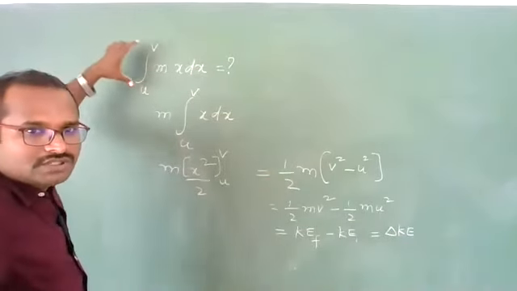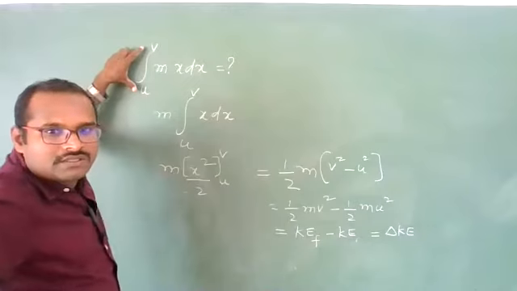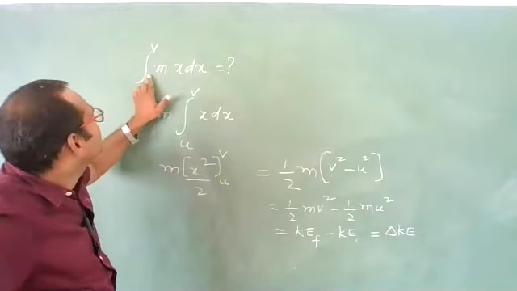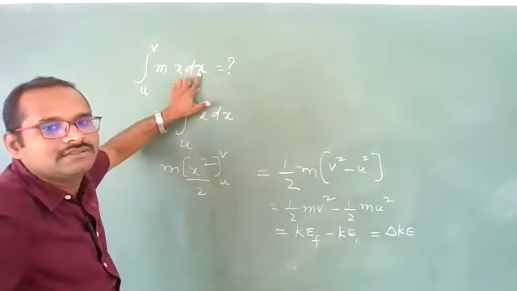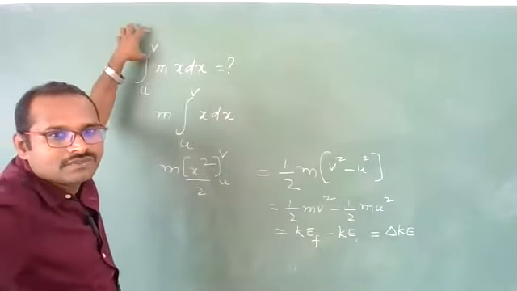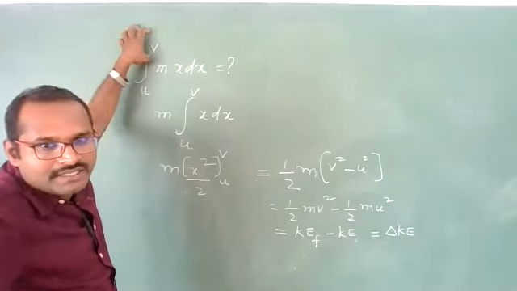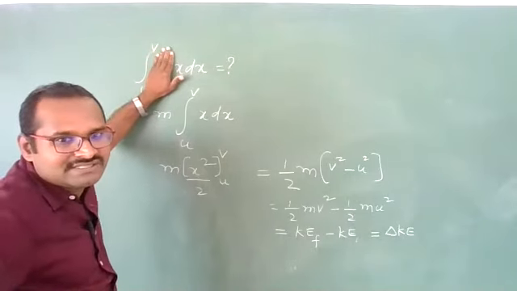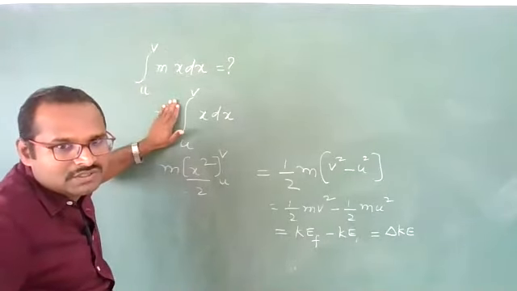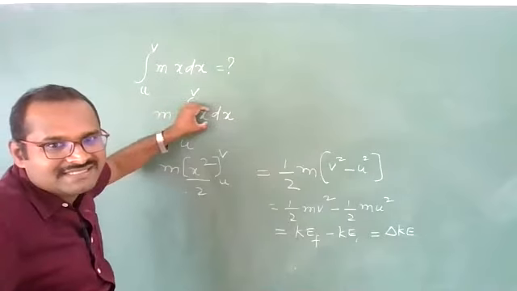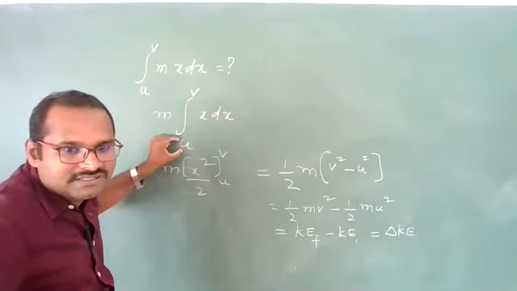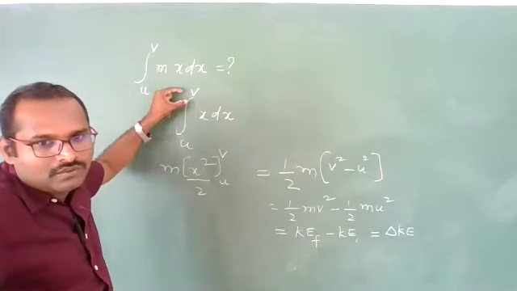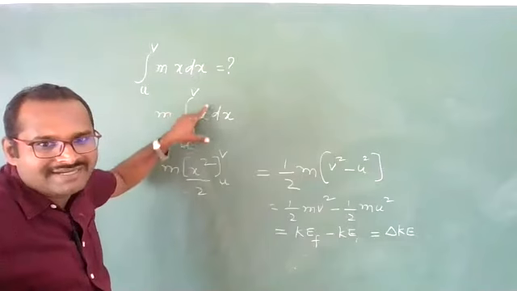Let us suppose you are having one equation like integration of m x dx, ranging from u to v. Let us integrate it. What will you get? Here m stands for mass. Mass is constant always, so you take it out of the integration. Now you are having integration of x dx, with values from u to v. Now it is in the form of integration of x power n dx.